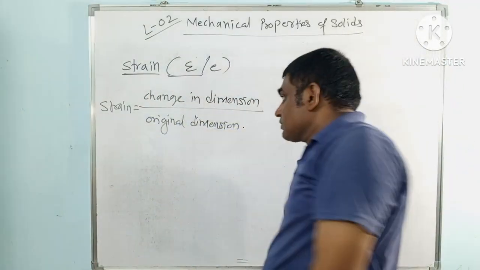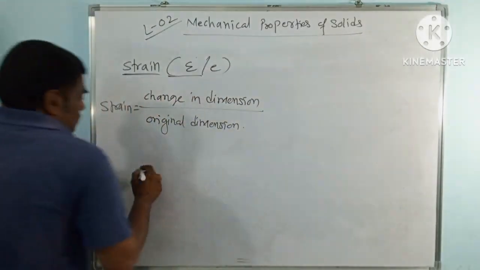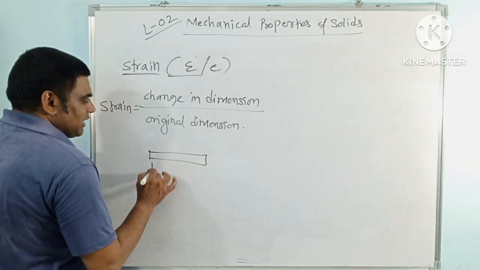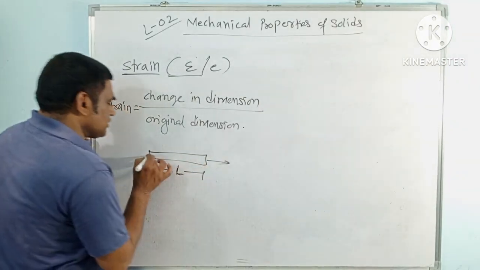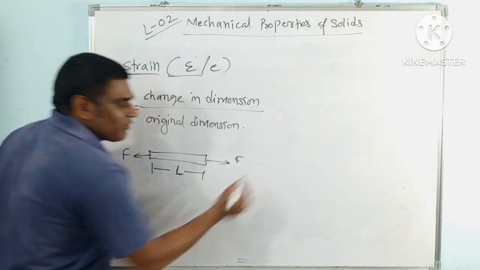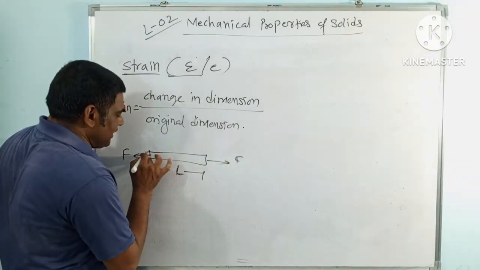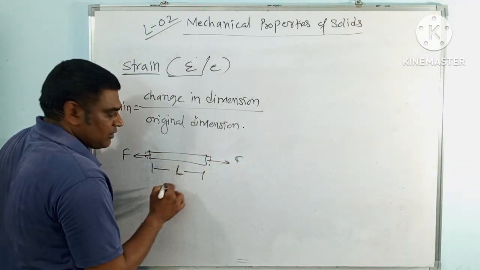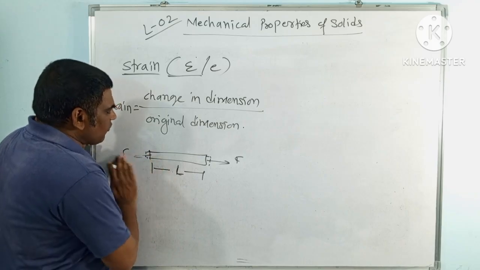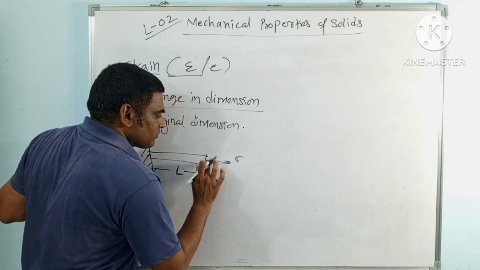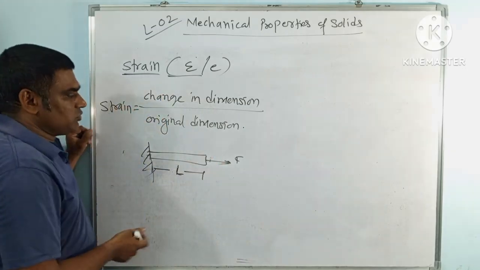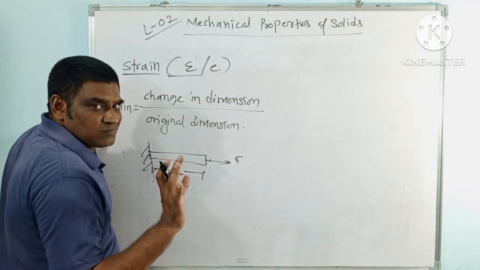Okay, no problem. So suppose here this is a length, and due to this tensile force, what will happen? After some time this length will increase. Okay, so let us fix one side here and apply this force. Basically two forces are acting on both sides.